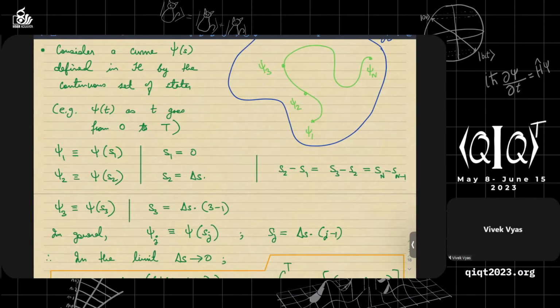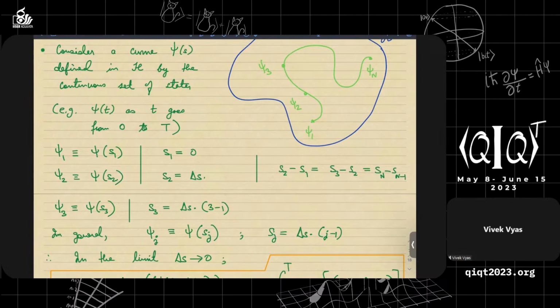We are looking at uniform time steps, so psi3 would be the state of the system after 2 delta s evolutions, and we define s3 to be 3 minus 1 times delta s. In general, I define psi subscript j to be psi at time sj, where sj is j minus 1 times delta s, and delta s is some small time step, like 1 second or a microsecond, depending on what physical system you're talking about.